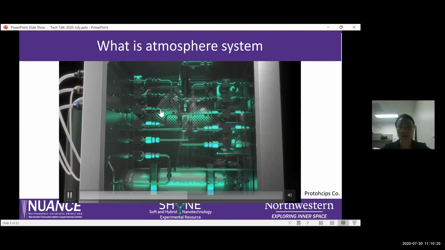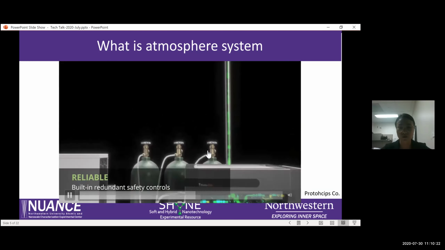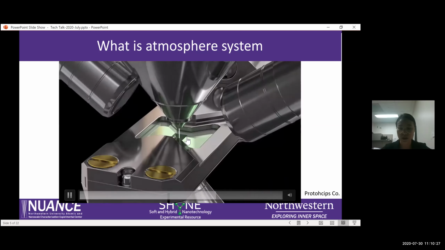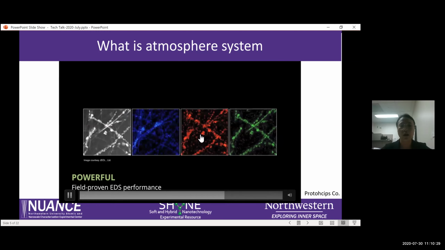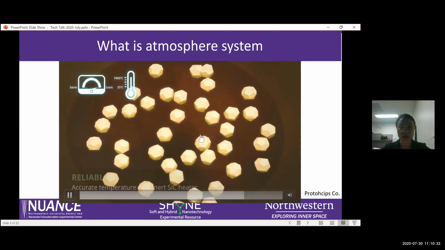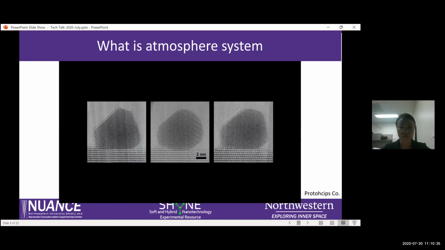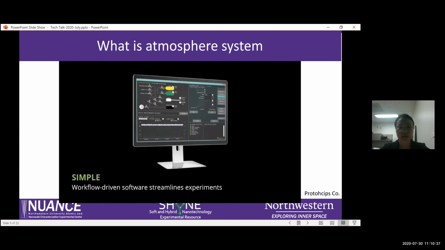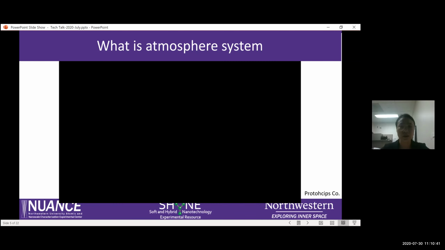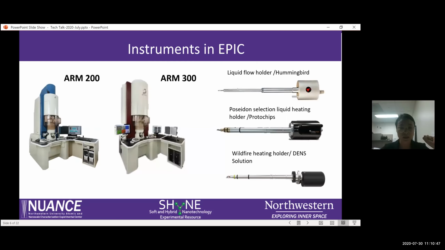It also schematically shows how the gas flows from the gas control to the holder until it reaches your sample. As it shows, we have EDS and EELS compatibility in our gas system. If you assemble the sample very well and the composition of your sample is good, it's possible you can reach atomic resolution in the gas system.